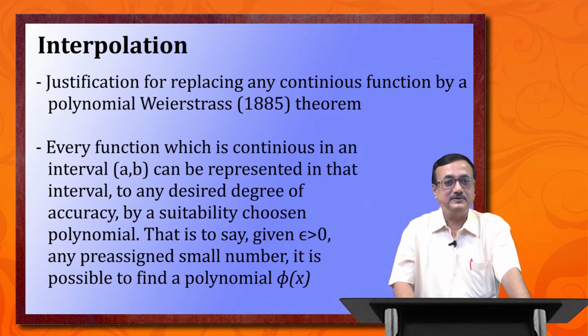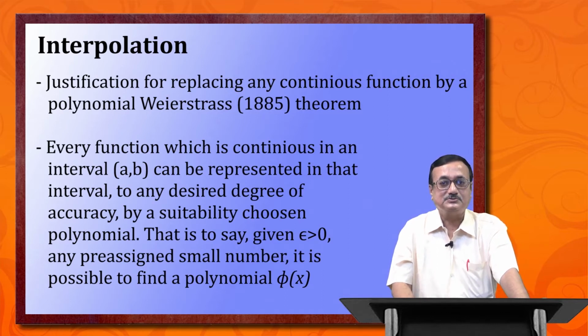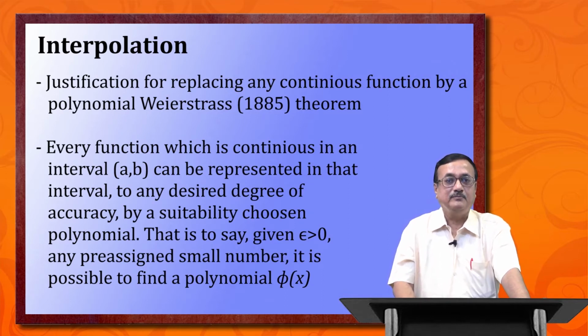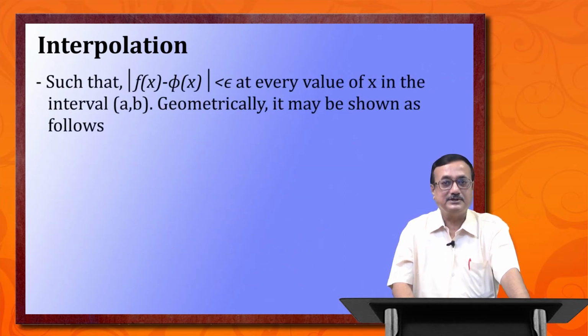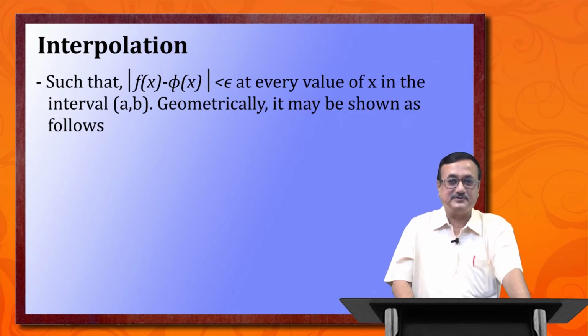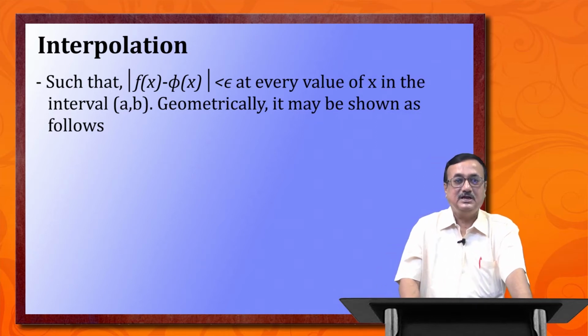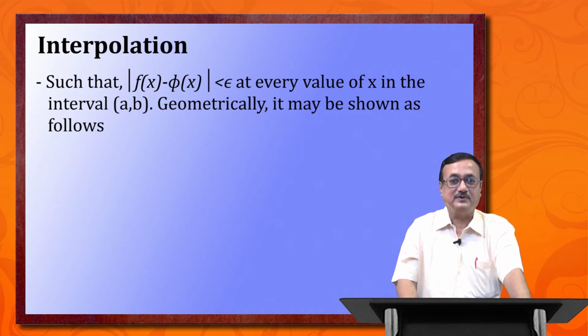That is to say, given epsilon, a very small pre-assigned positive number, it is possible to find a polynomial, say phi(x), such that the absolute value of the difference |phi(x) - f(x)| is less than epsilon at every point x in the interval [a,b].